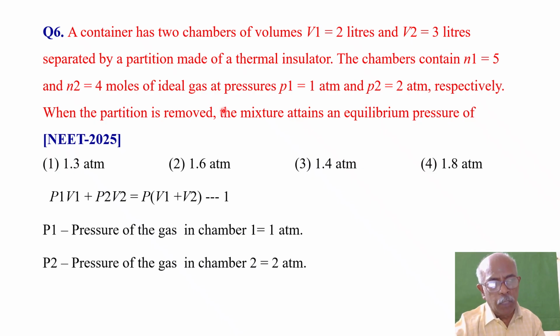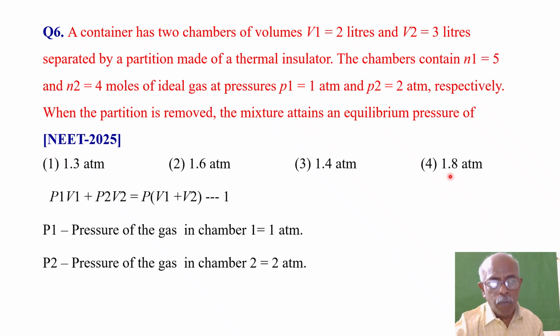What happens is, we are removing the partition. So after removing the partition, the gases will be moving here and there. Finally, they will attain an equilibrium pressure, and the amount of pressure that exists after the removal of the partition is what you are going to calculate.